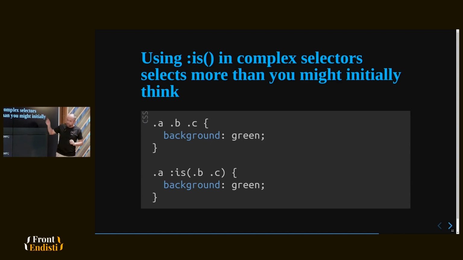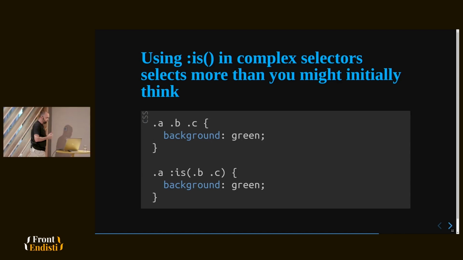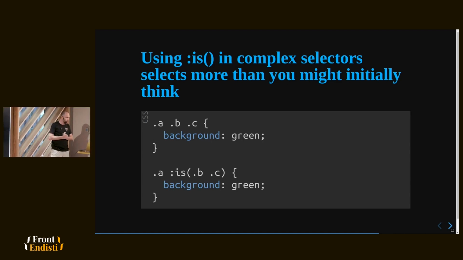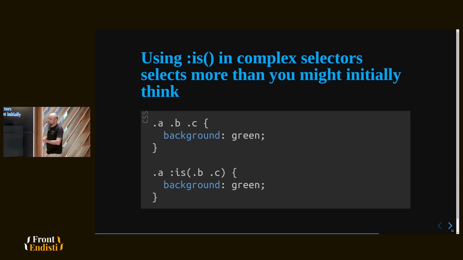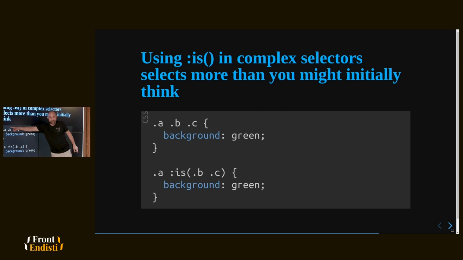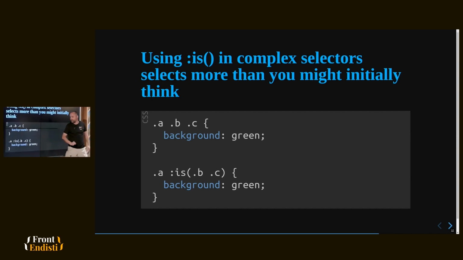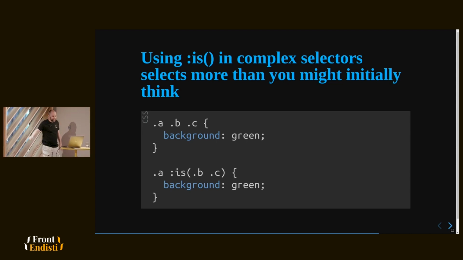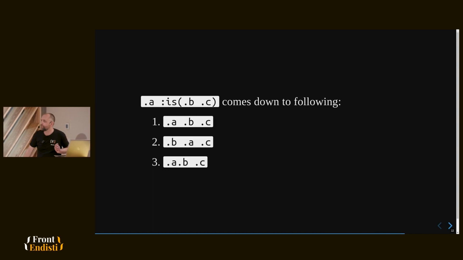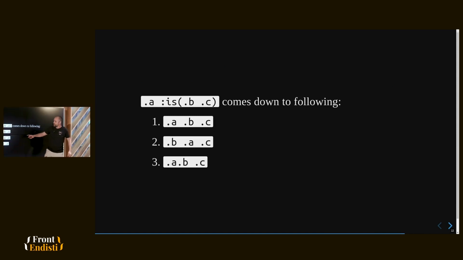This is an article by Bramus. You maybe know him. First, he compares these two selectors. So C inside B inside A, and then C inside B is in A, which is slightly different because the second selector comes down to the following.